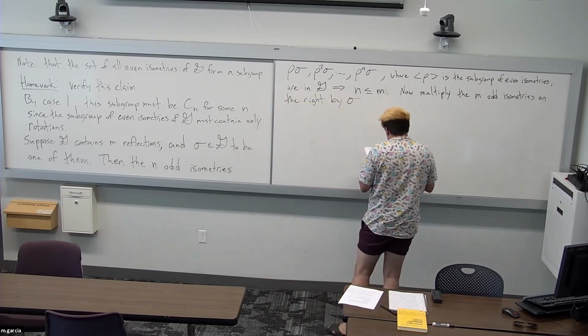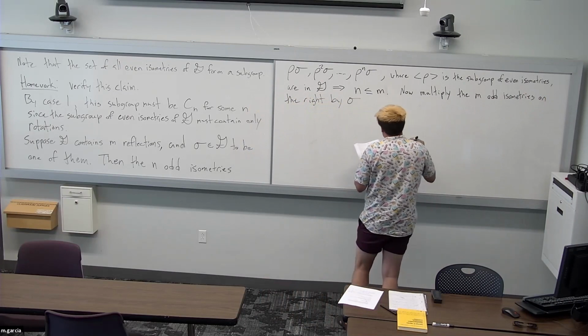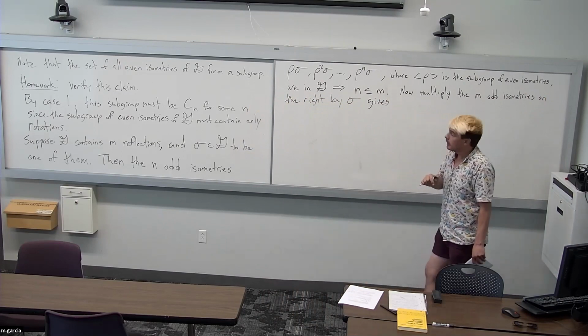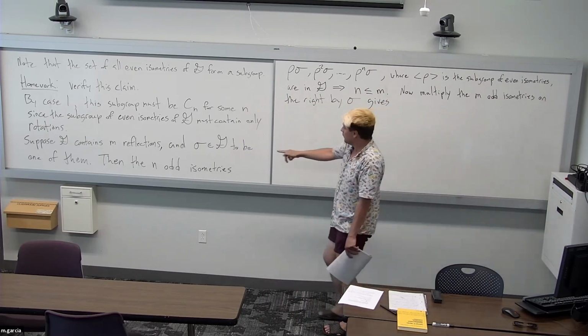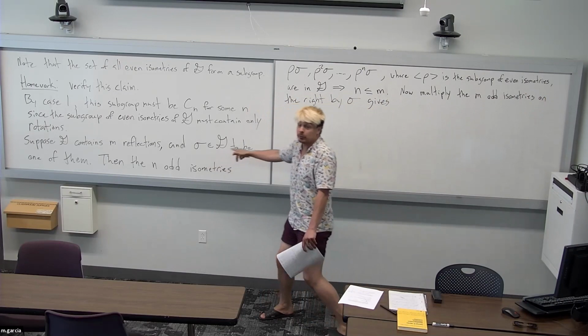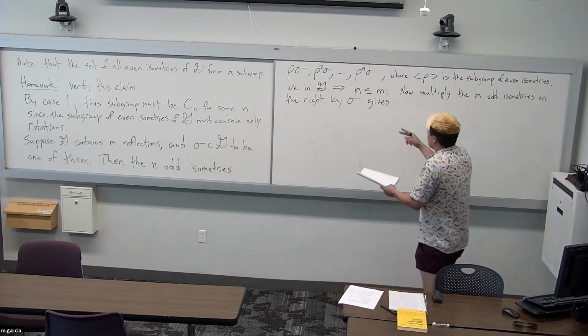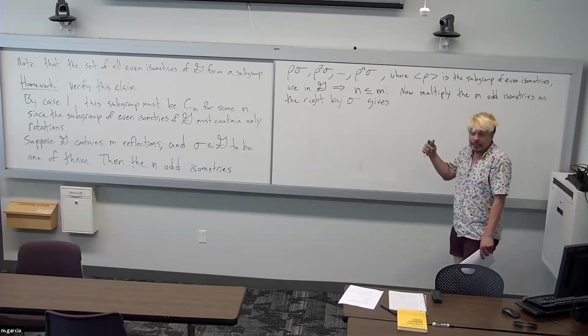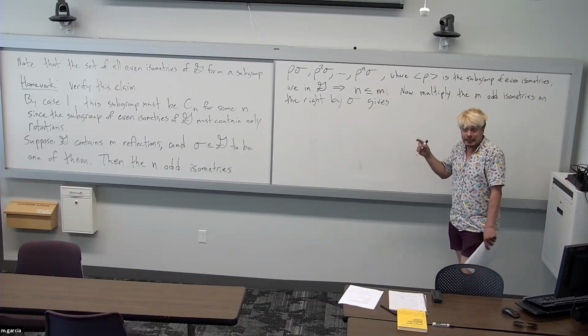Okay? And what does that give us? The same sigma? Yep, same sigma as before. This reflection that we assumed is in G. If we multiply on the right by sigma, the m odd isometries, then we get m distinct even isometries.